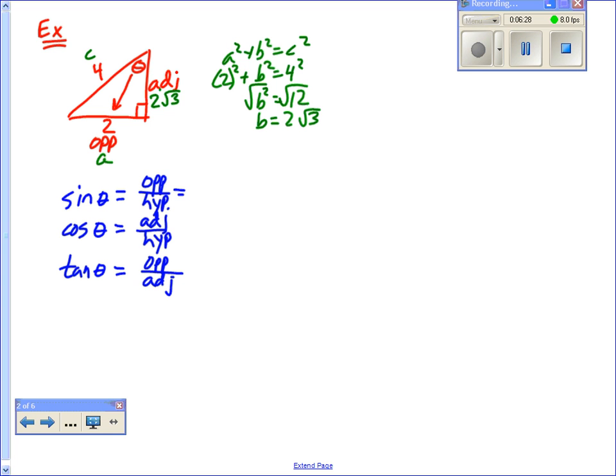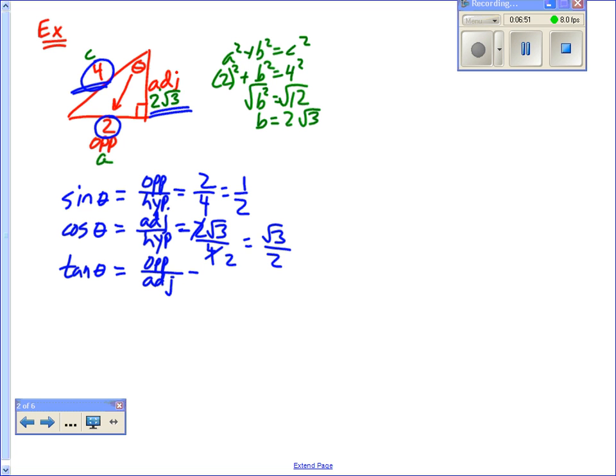Here we go. Sine theta: the opposite side is 2 over the hypotenuse 4, so 2/4 or a half. The sine of theta is a half. Cosine of theta is the adjacent side over the hypotenuse, so 2 root 3 over 4, which simplifies to root 3 over 2.